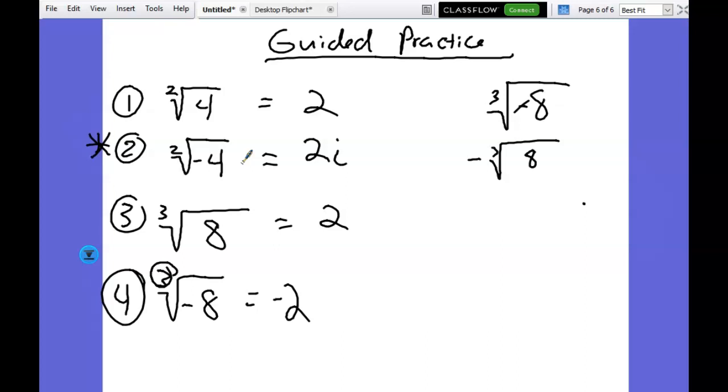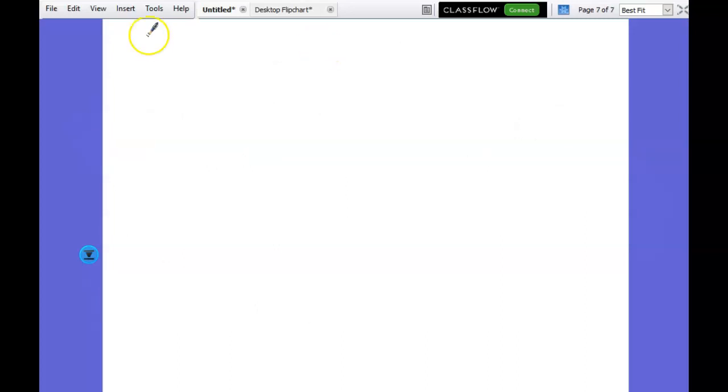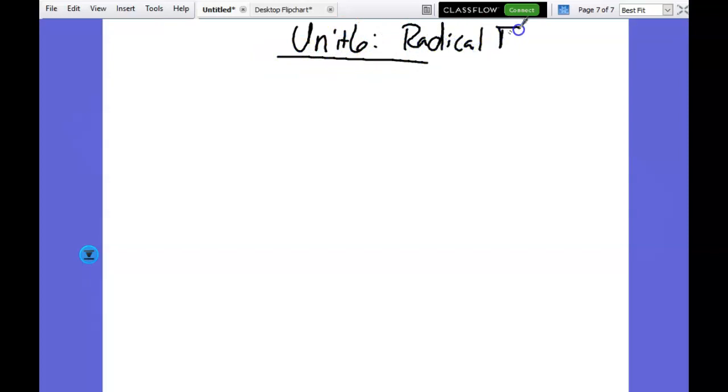Here we go. Let's write this down. Let's write down our title now. This is Unit 6. Unit 6 is all about radical functions. Radical is the general word for roots, okay? So we know the square root, and I just taught you about the cube root, but there could be a fourth root, a fifth root, and then you can actually turn those into functions as well.